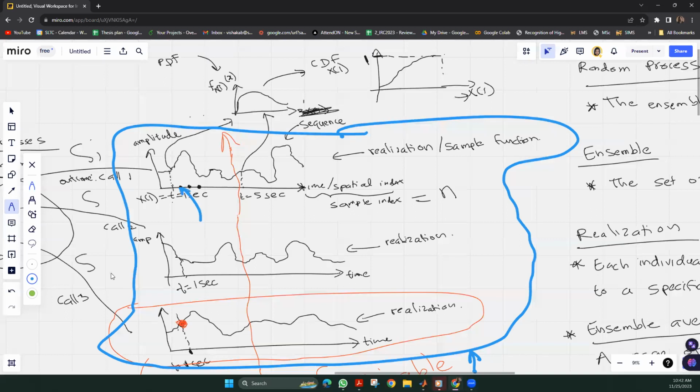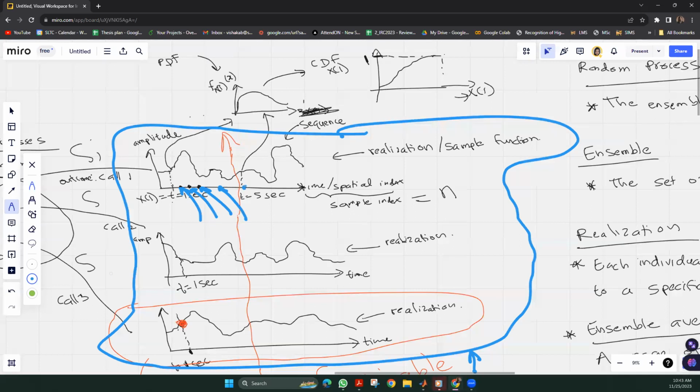Each different point that we can consider in this time axis is a random variable, a unique random variable. What I mean is that the random variable at time equals 1 second will be different to the random variable at t equals 5 seconds, right?